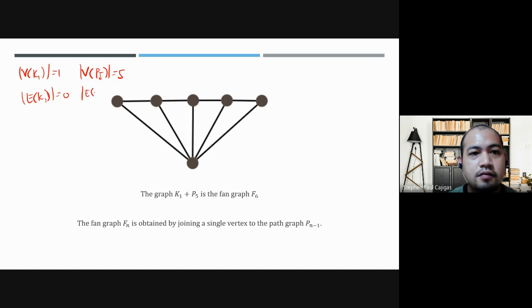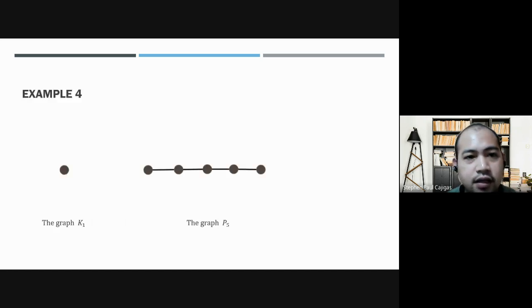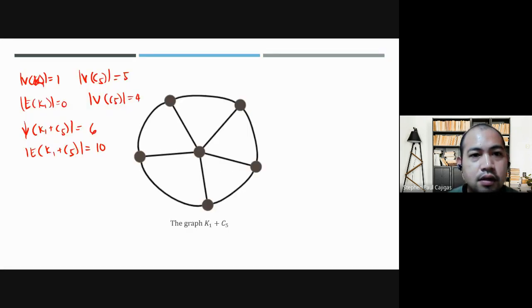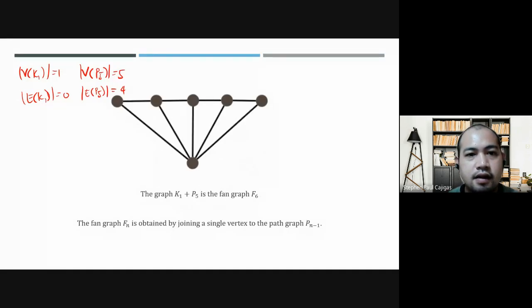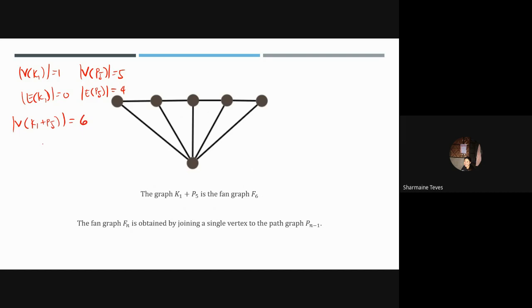Edge set of P5 is 4. P5: 1, 2, 3, 4, 5 vertices, there are 4 edges. So the vertices of K1 plus P5? 6, sir. 6 vertices nga 9 edges.